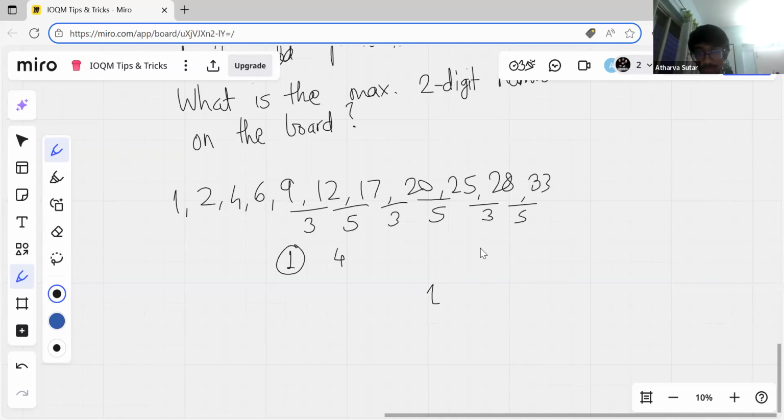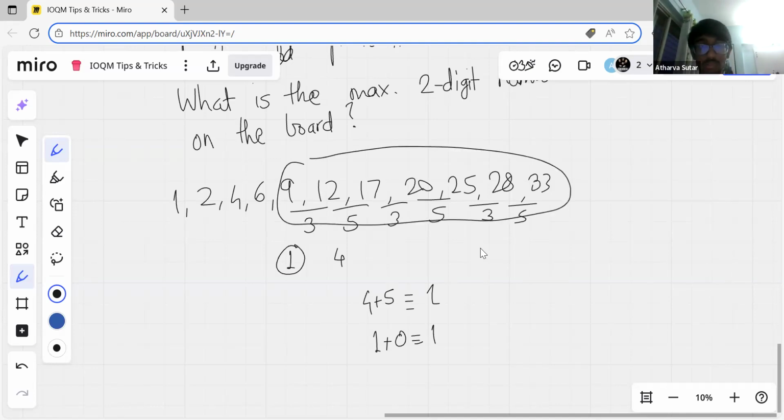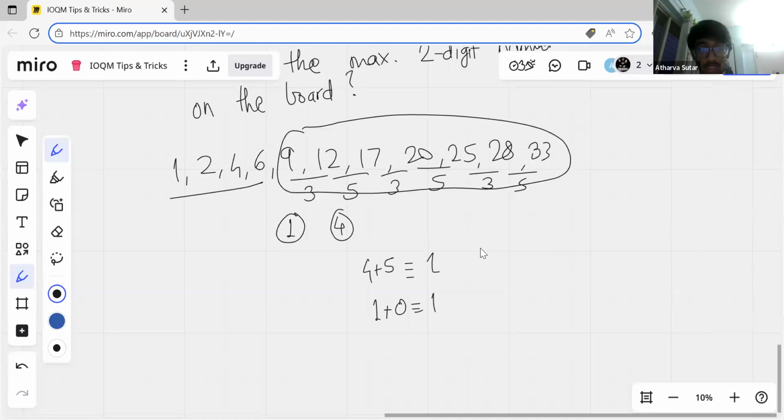If something has to add up to 1 mod 8, it will be either 4 plus 5 or 1 plus 0. Of course, if you're taking these numbers, then they're too small, so you can't actually use them. Similarly for 4 mod 8.